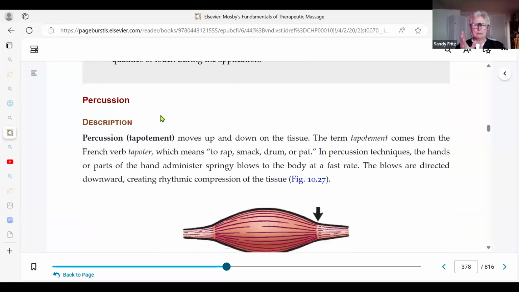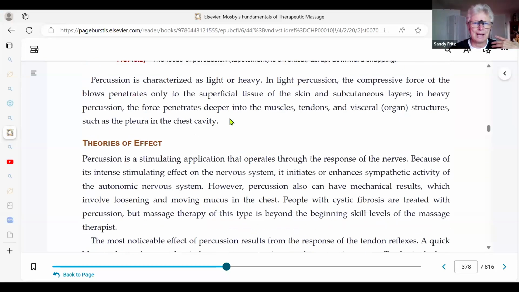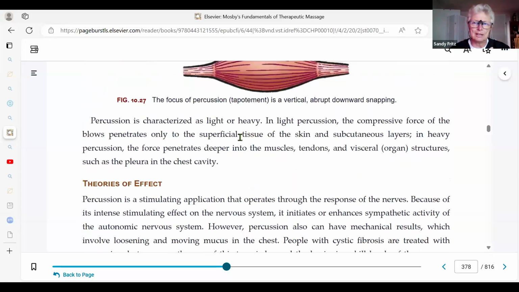Percussion historically has the term tapotement associated with it. It's more of a stimulating technique. It's an up and down, abrupt force onto the body, and it tends to bounce off. I don't use it a lot during massage because it's energy using on my part as a massage therapist.